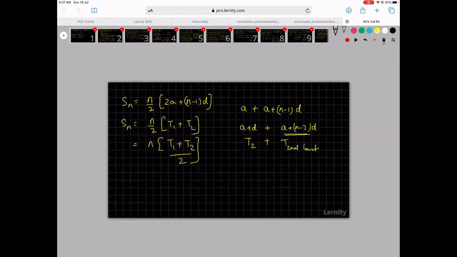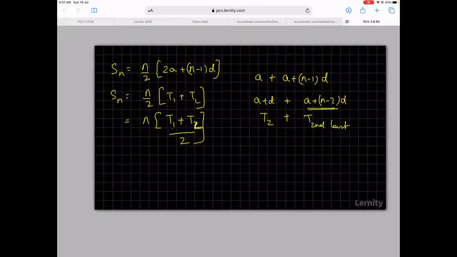So not only is it average of first and last, but I can say it is also average of second and second last, third and third last, fourth and fourth last.